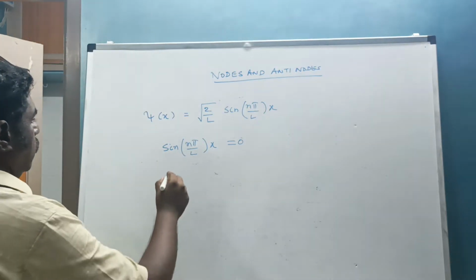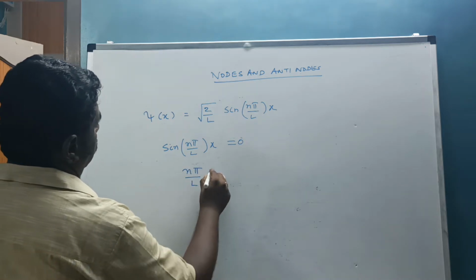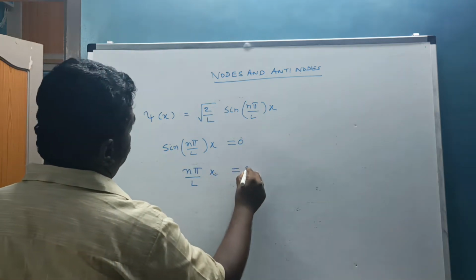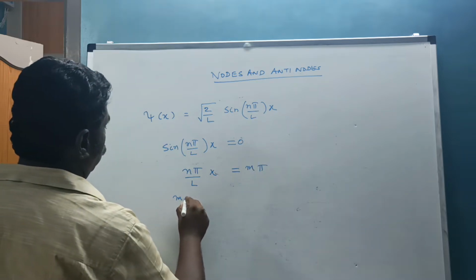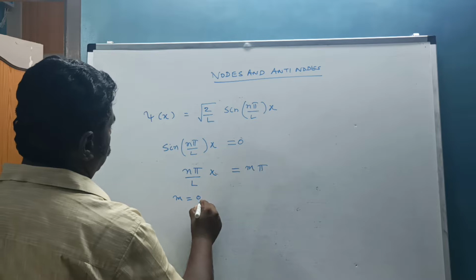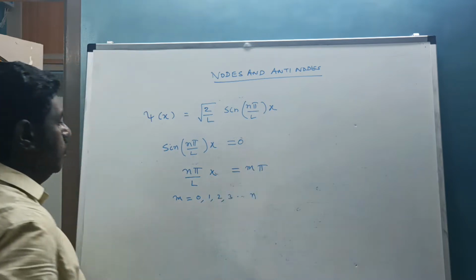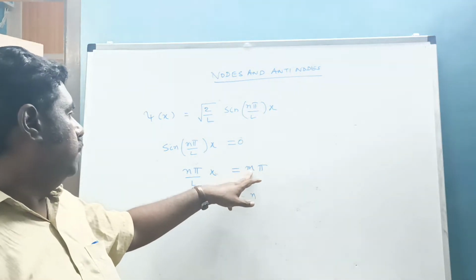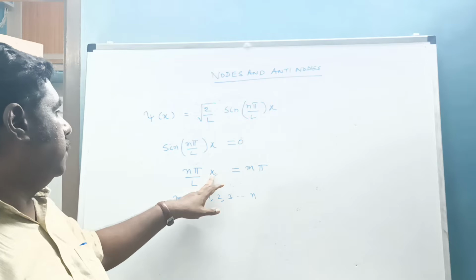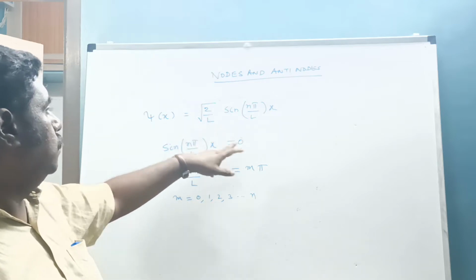For that, the value of n pi by L into x equal to m pi. Here the values of m are 0, 1, 2, 3, and so on. If you put m equal to 0, n pi by L into x is 0, therefore sin 0 equal to 0.